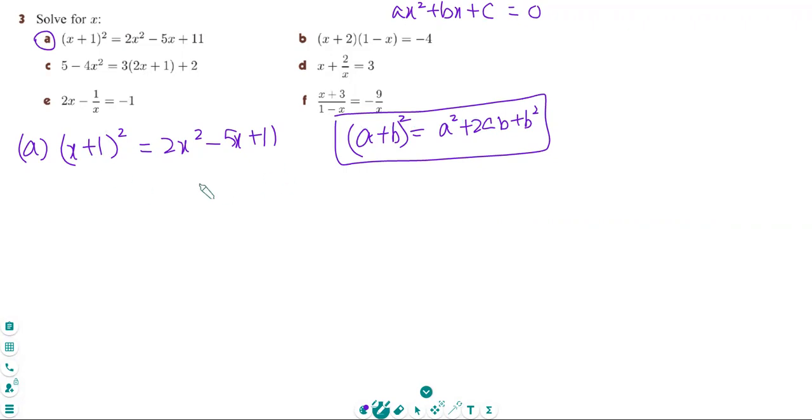So both methods can be followed. Anyways, I'm using this identity here, which states first term square plus 2 into first into second plus second term square, right? Okay, now you can fill it. It is x, first term x, 1 and 1, right?